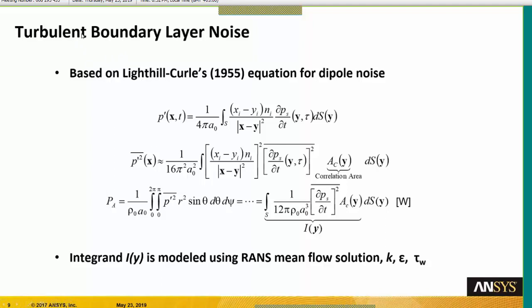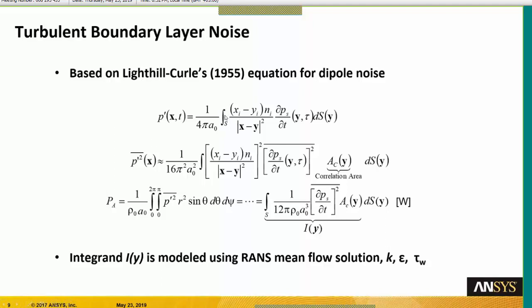The second model is the assessment of the turbulent boundary layer noise. Here we're considering dipole noise based on the Lighthill-Curle integral equation from 55. If you remember, we were talking about this to consider the influence of the wall. So when you say wall, you say, of course, a boundary layer near the wall. So this is clearly a contribution from the boundary layer. This dipole noise contribution corresponds to a surface integral. We saw that earlier.